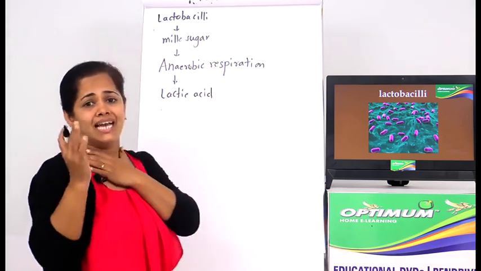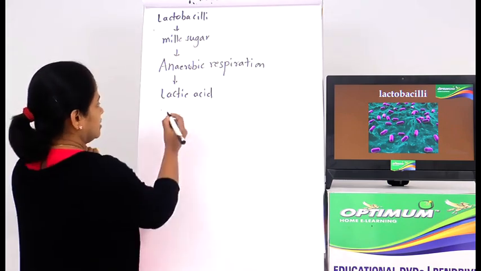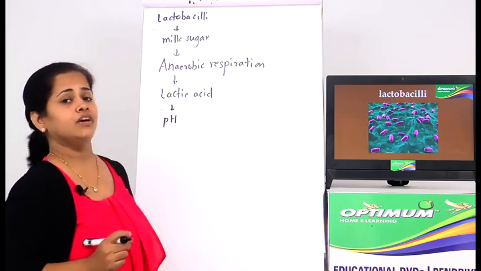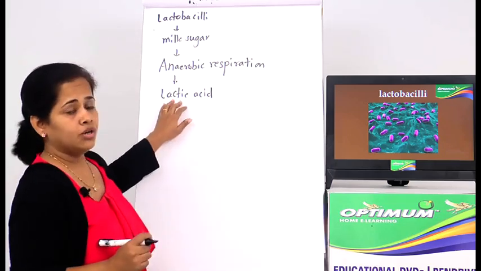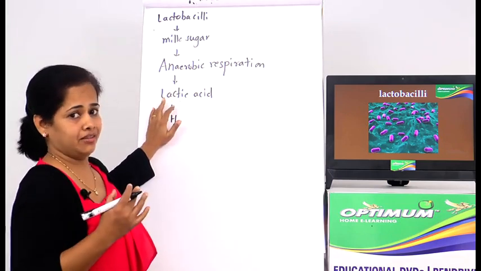Now once I say the word acid, it has to do with a chemical term pH, that is percentage of hydrogen, and you all know that the pH of acid is less than 7, right?